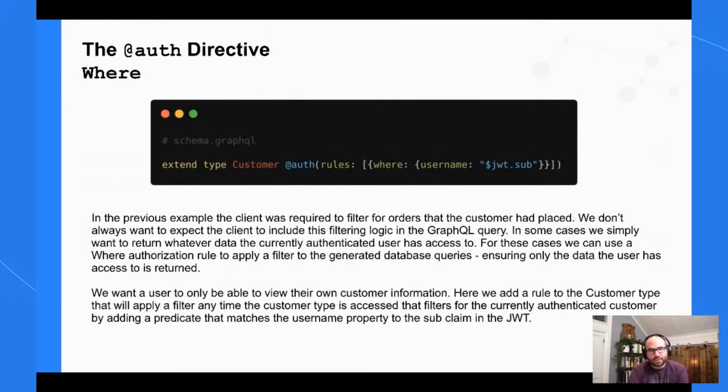The where rule will actually inject a filter in the database query to only filter for the results the user should have access to according to how we've defined the rule. So here we're saying for the customer type, only allow access where the username matches the sub claim in the JSON Web Token. So only allow a user to have access to their own customer node.